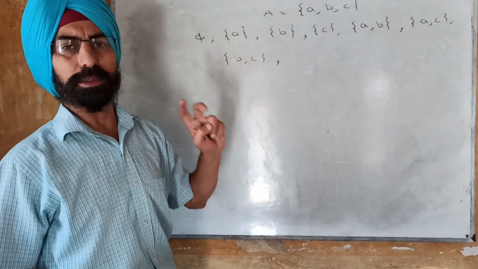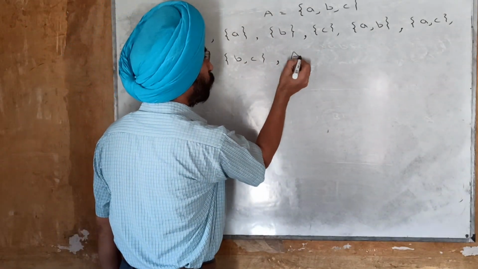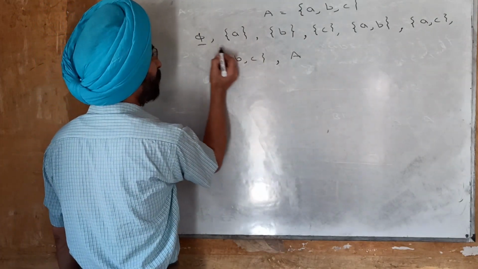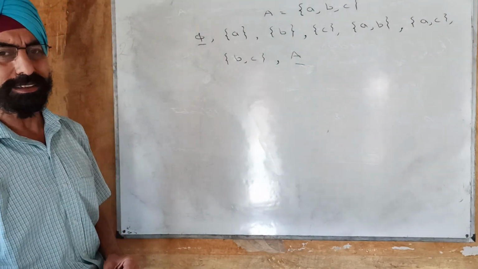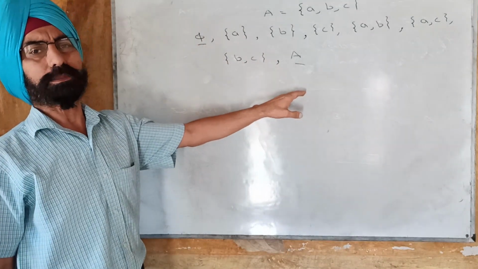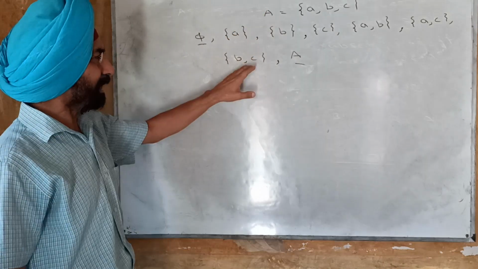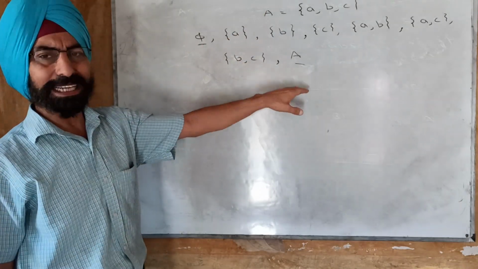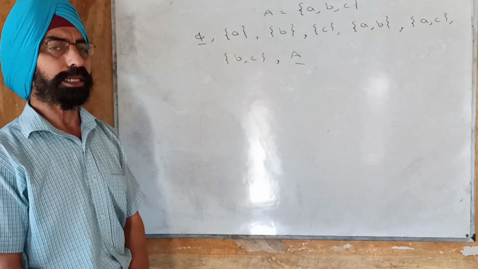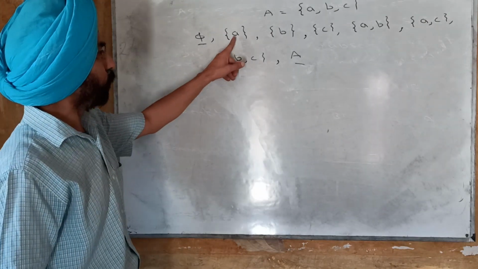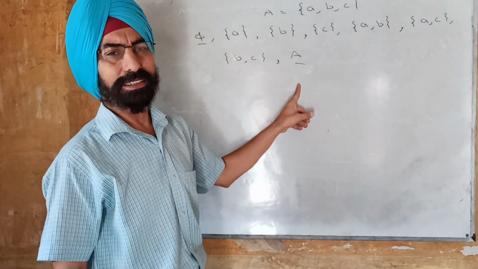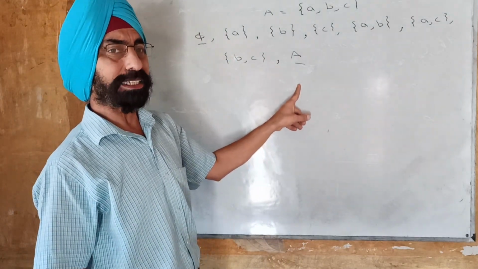That means A is a subset of A, so A is also a subset of A. Now, these two subsets, the first one and the last one, phi and the set itself, these are improper subsets of A. Every other subset of A other than phi and A is called a proper subset of A. So how many subsets of A are there? 1, 2, 3, 4, 5, 6, 7 and 8. But how many proper subsets are there?